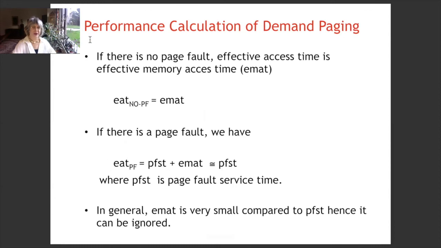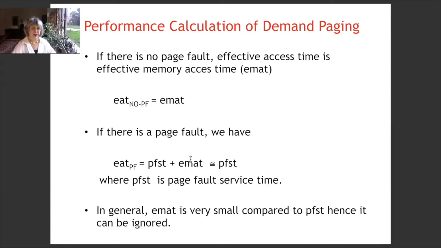The performance calculation of demand paging is as follows. If there is no page fault, effective access time is the same as effective memory access time, EMAT. So, effective access time, no page fault, is EMAT. If there is a page fault, we have effective access time, page fault, which is equal to page fault service time plus effective memory access time.